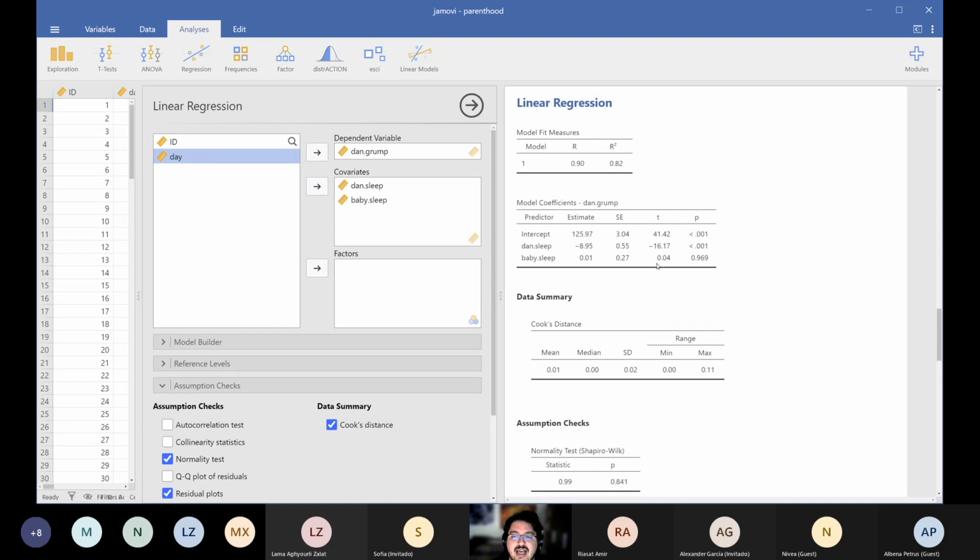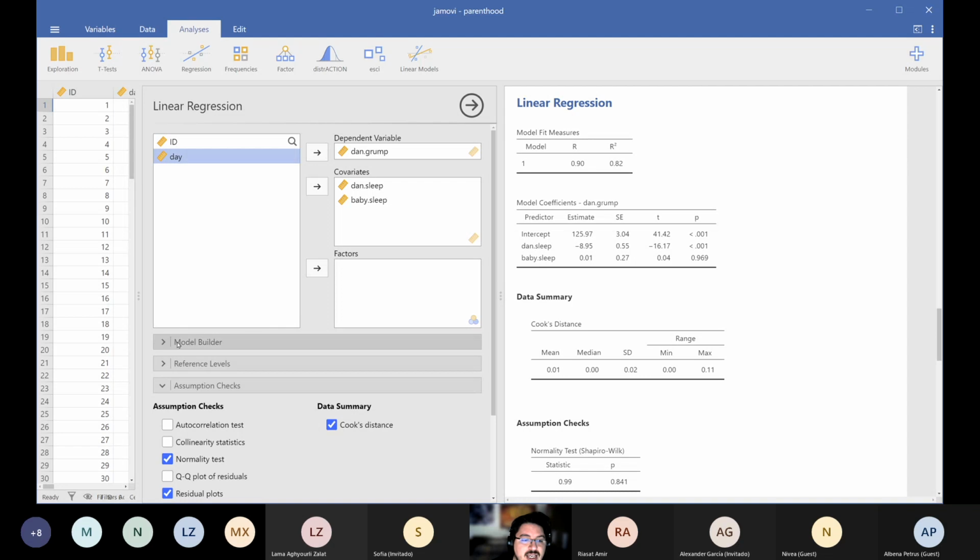The p-value of the estimate associated to the baby sleep parameter is 0.01, and this p-value is super high, meaning that this could be 0. If this estimate could be 0, it means that baby sleep has no effect on grumpiness, or rather, because we already saw that baby sleep and Dan sleep are correlated, maybe everything baby sleep is trying to explain is already explained by Dan sleep.